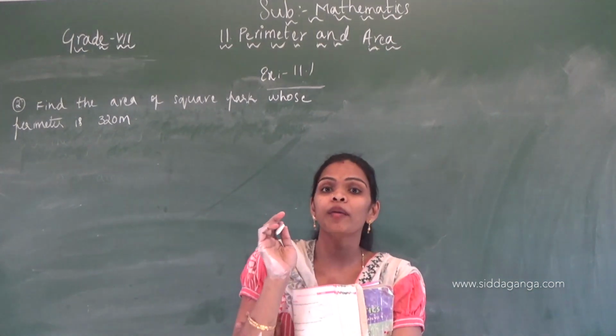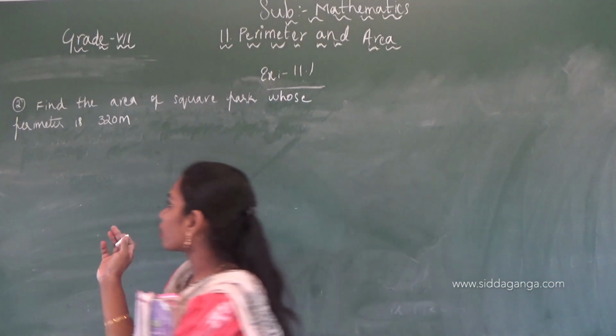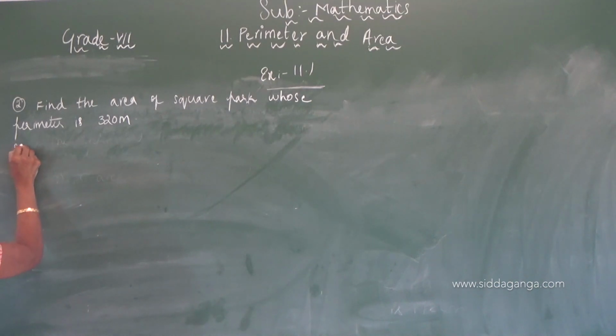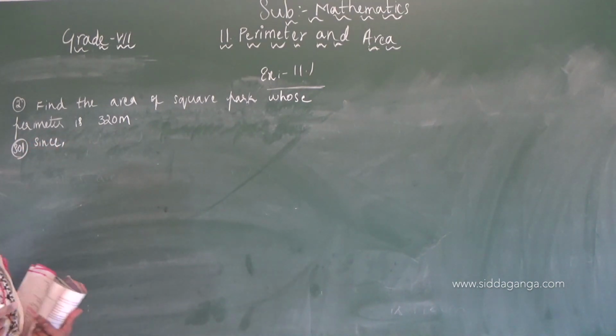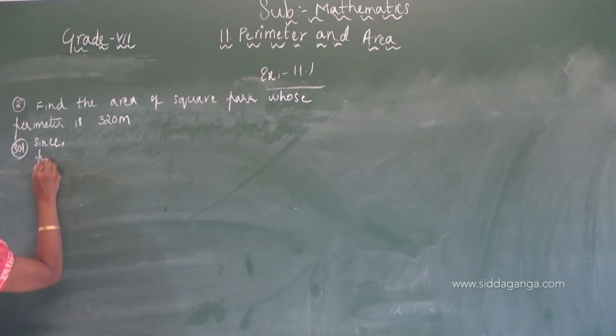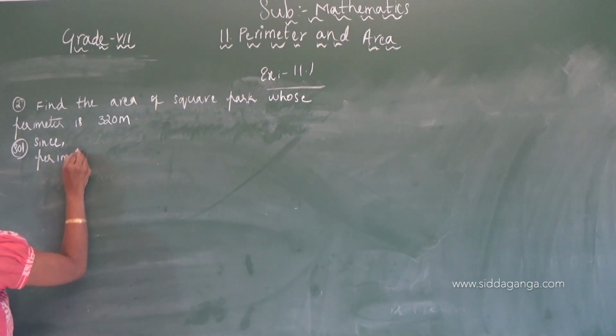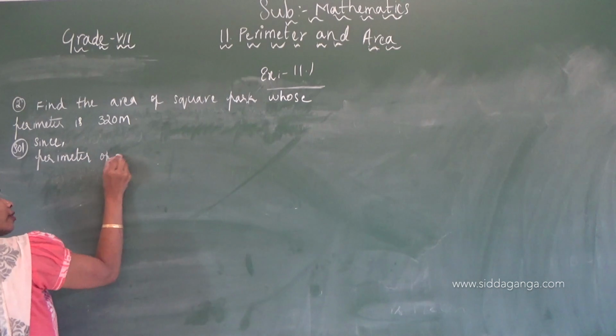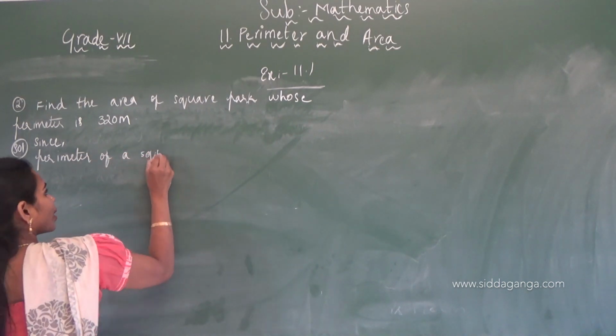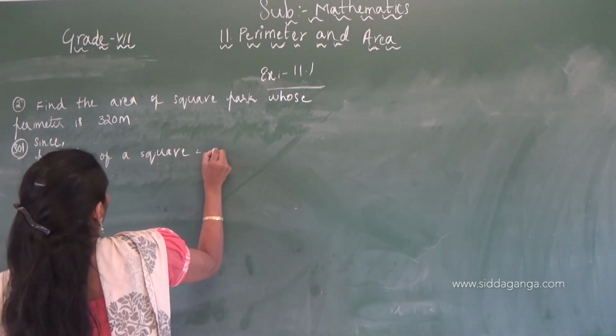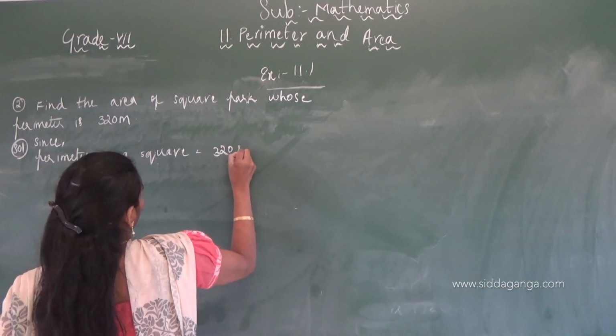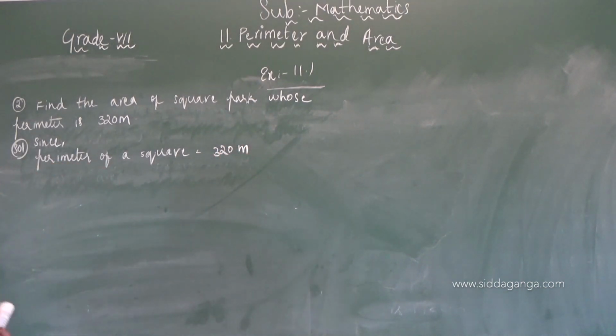They are giving the perimeter of a square. The perimeter of a square equals 320 meters.